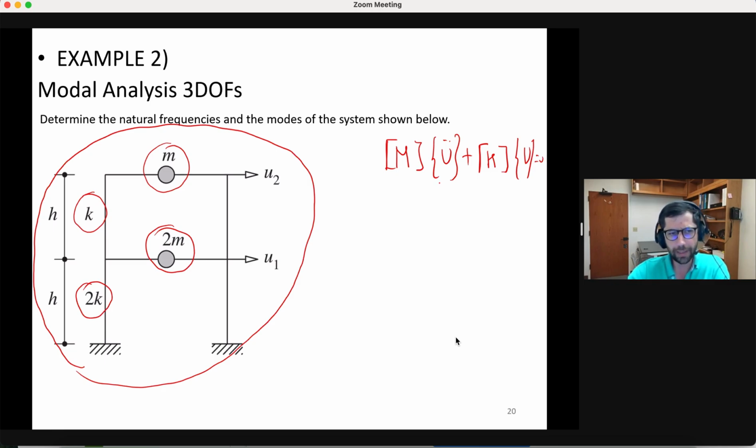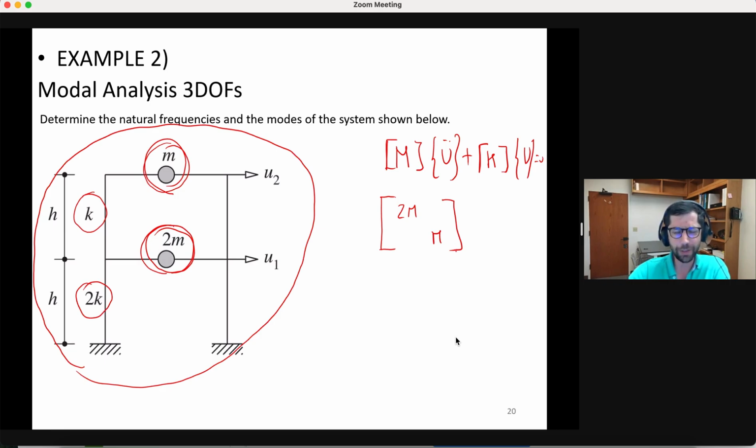Let's try to write these equations together. Well, I understand that mass matrix is very easy to write. All I need to do is to write this mass 2m and then the mass at the level above on the diagonal. And why on the diagonal?